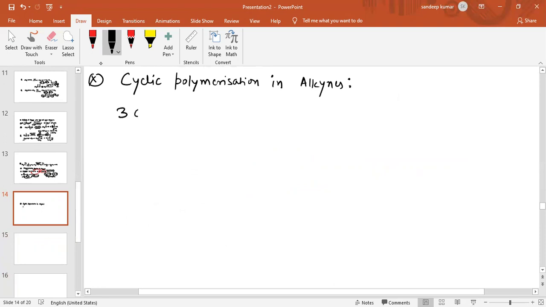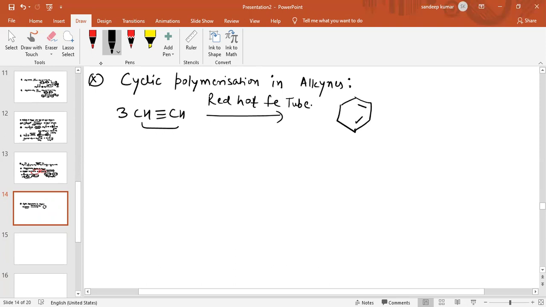If it is given like this, 3 moles of ethyne in the presence of a red hot iron tube, the product obtained is benzene. How benzene is obtained, we will discuss like this.